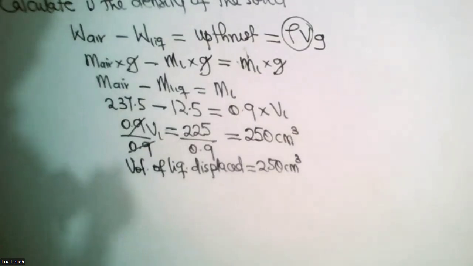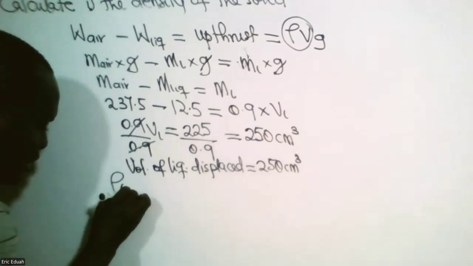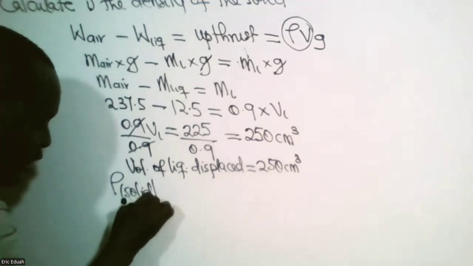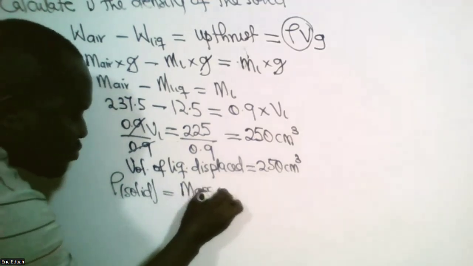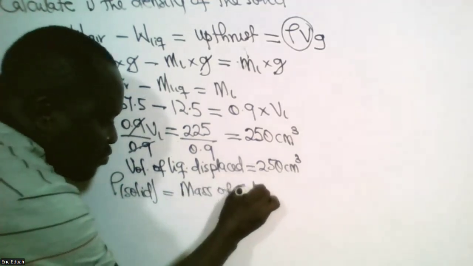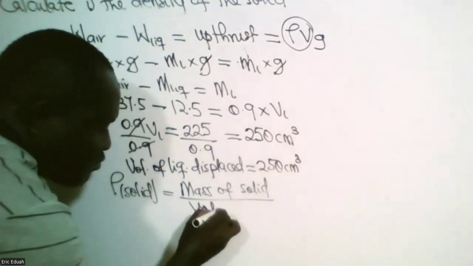Okay, so rho of solid must be equal to mass of solid over volume of solid.